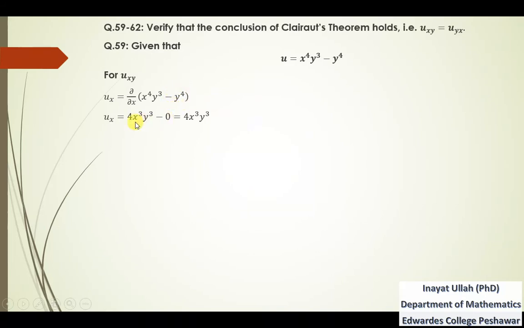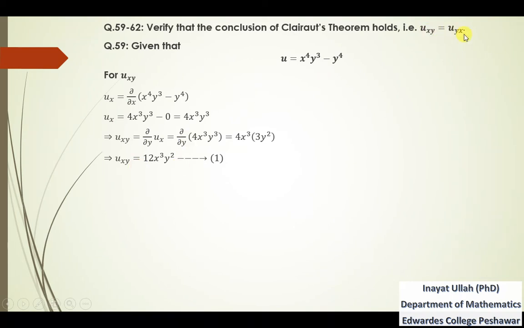So we are left with ux equal to 4x cube y cube. And now we need to differentiate this ux with respect to y. With respect to y, that is 3y square, 4x cube into 3y square, 4 threes are 12, 12x cube y square, that is uxy.